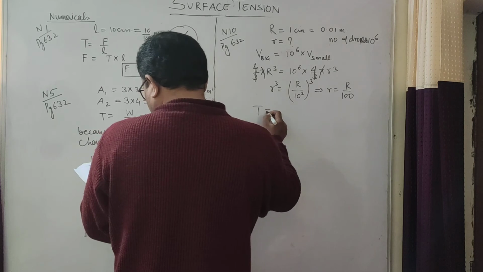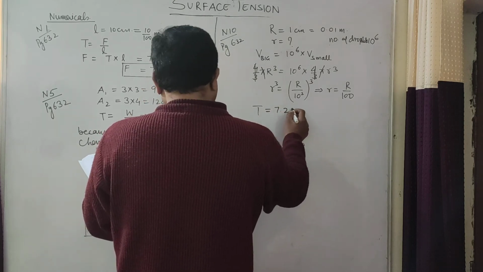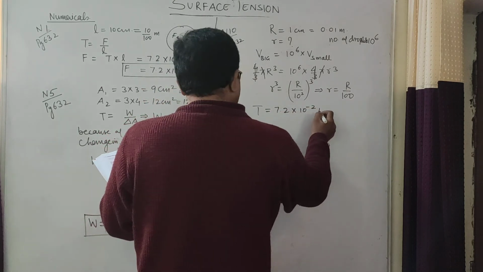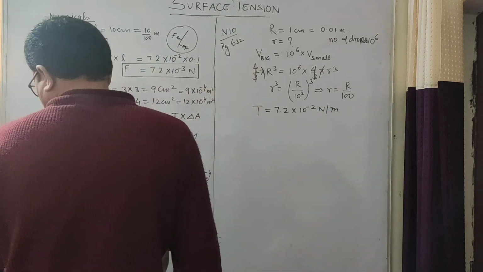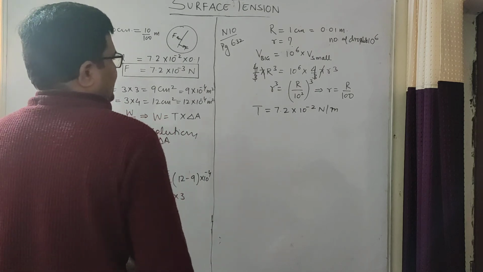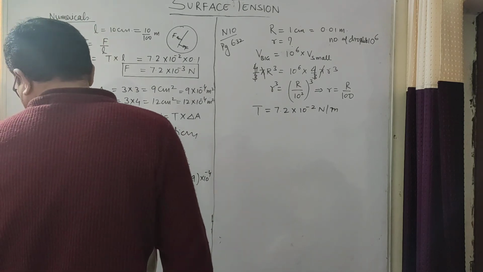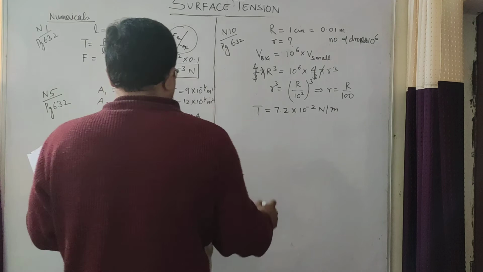Surface tension is given as 7.2 into 10 to the power minus 2 Newton per meter. Because this is water, it is given. In this question it is given, otherwise you have to take it from constants. So you have to find the work done.